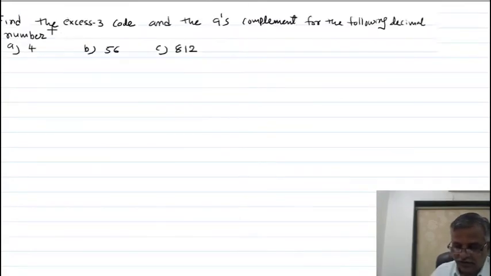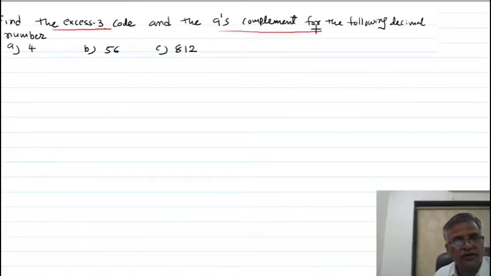See the numerical: find the XS3 code and then find the 9's complement for the following decimal number. So let us do this numerical. Find the XS3 code and the 9's complement for the following decimal number.